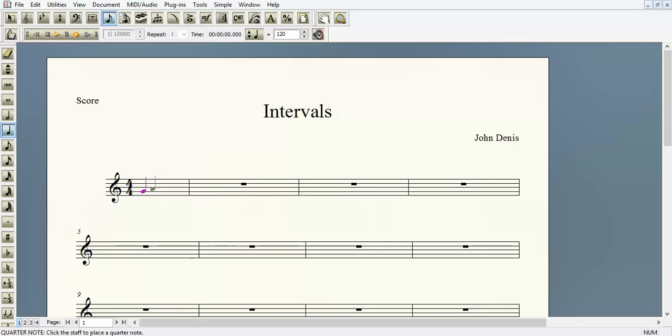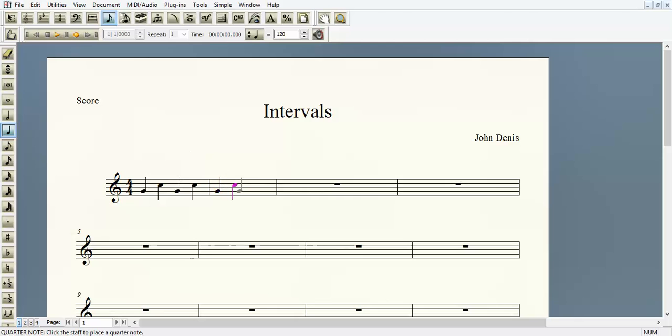This note's going to happen at a different time. Do I put it here? Do I put it here? So if you thought through and counted through it, G, A, B, C, that's the fourth note. And here's the interval of a fourth.